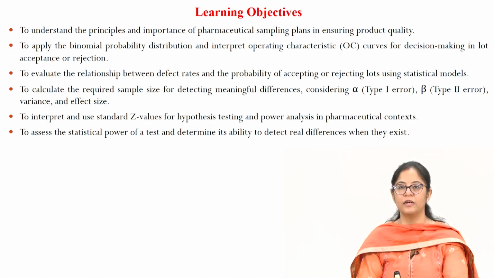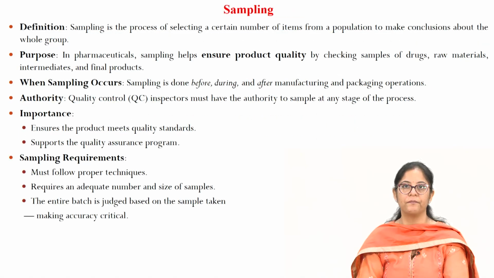Also interpreting and using the Z values for hypothesis testing and power analysis. Also assessing the statistical power of a test and determining its ability to detect real differences where they exist in the dosage forms can be beneficial.